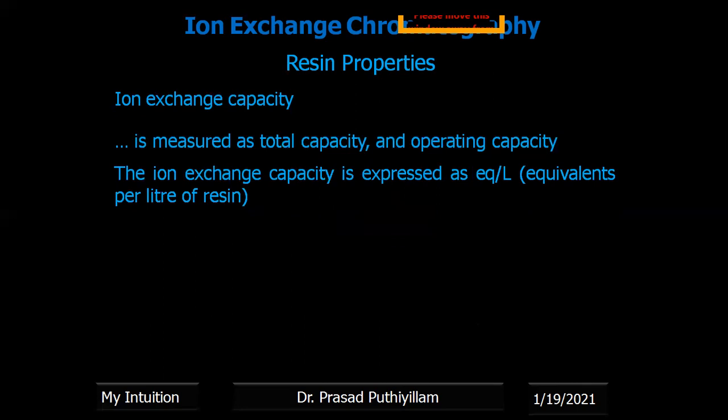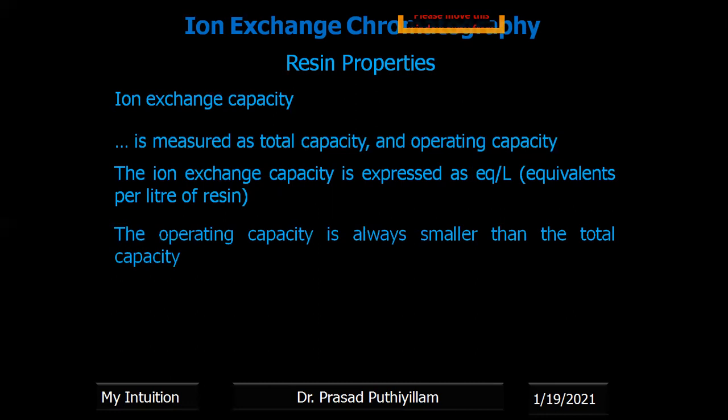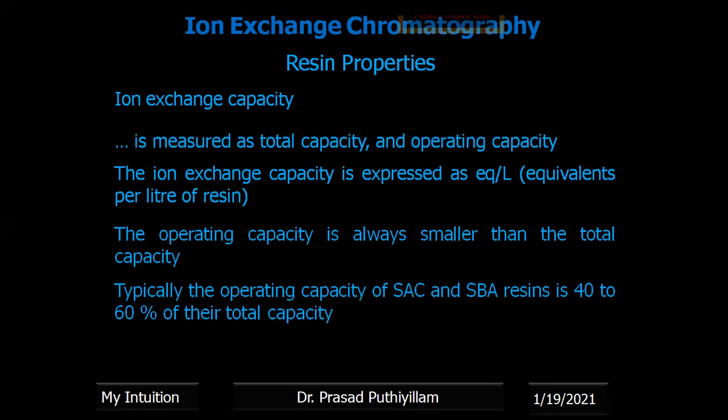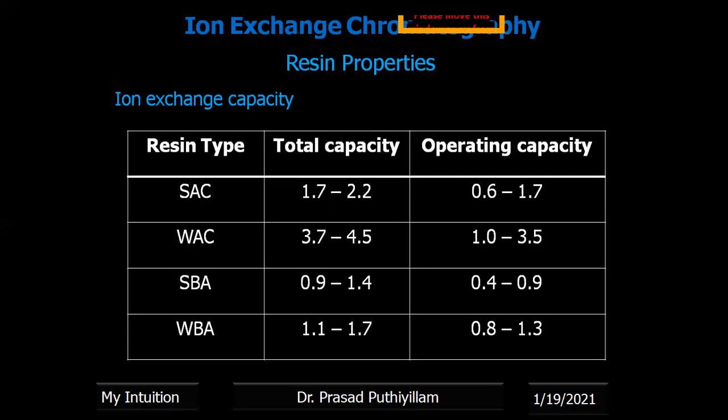Whether it is total capacity or operating capacity, the capacity is expressed as equivalents per liter of resin. If you compare operating capacity and total capacity, the operating capacity is always smaller than the total capacity. Typically, the operating capacity of a SAC, that is a strong acid cation exchange resin, or a strong base anion exchange resin, is about 40 to 60% of the total capacity.